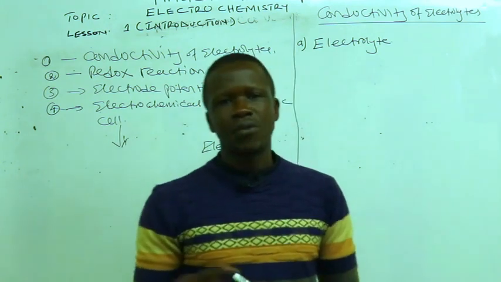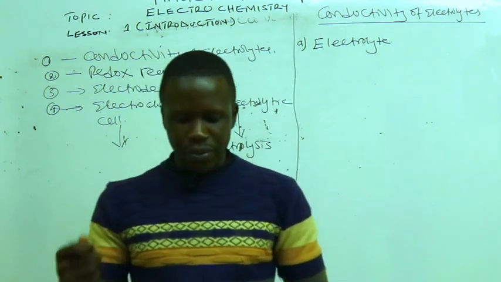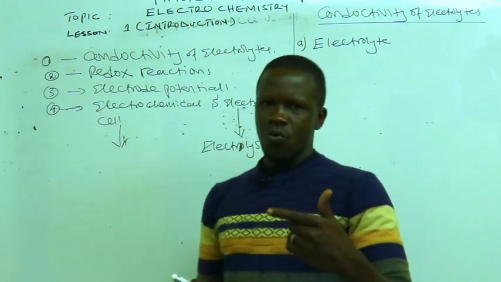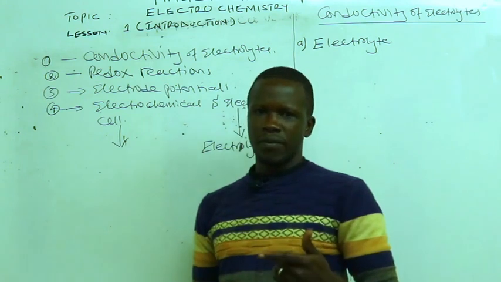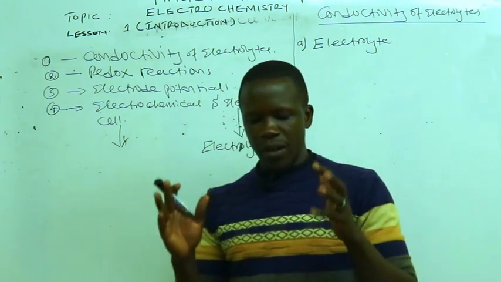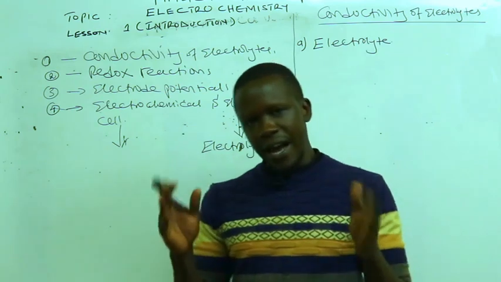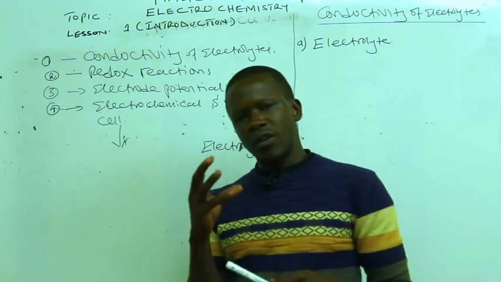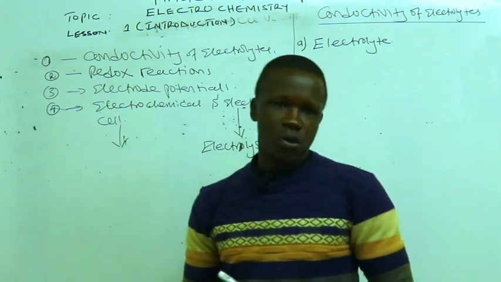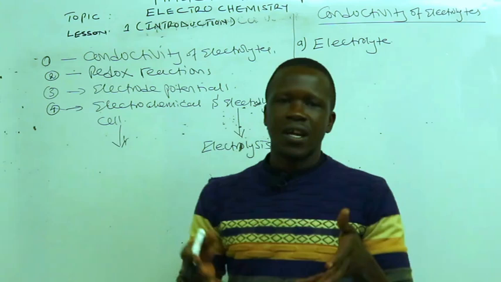Meaning that electrolytes are substances which will conduct electricity when dissolved in water, that means when they are aqueous, or when in a molten state. And when electricity or current is passed through them, they normally decompose, they normally break down.